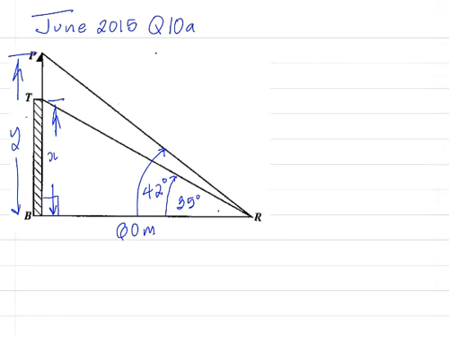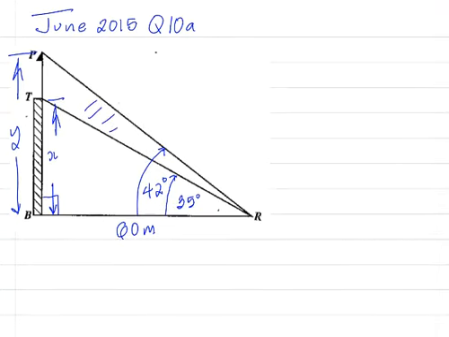Alright, why did we have to go that route? First of all, what we're seeing here is that we have two right angle triangles. There's a larger right angle triangle, and inside of it there's a small right angle triangle. There's also a non-right angle triangle at the top here, but we don't have enough information for that, so we can't use it to solve anything.